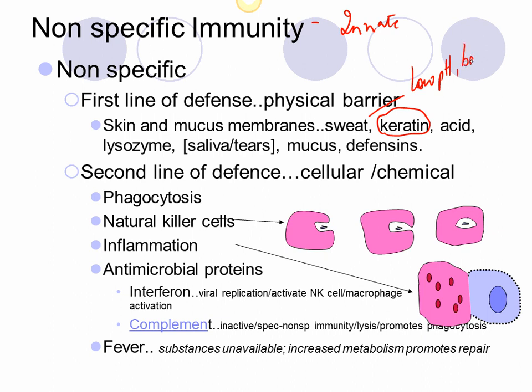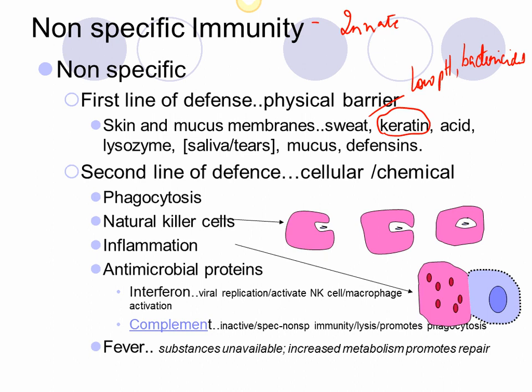It has some bactericidal properties, so it prevents growth of microorganisms. When you sweat profusely, it washes off these microorganisms which may colonize on the surface of your skin. So that helps. Sebum, which is produced by the sebaceous glands, also helps.